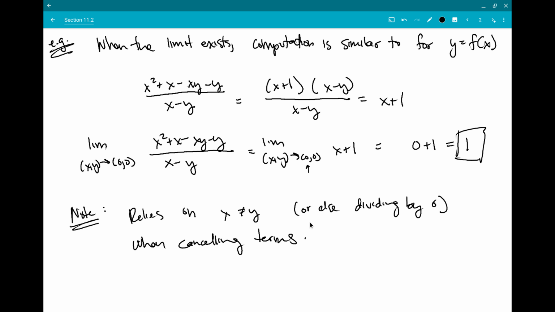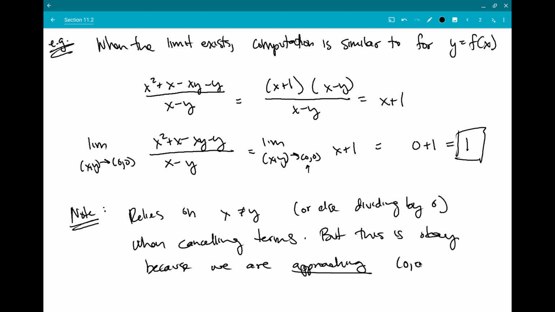And that can feel kind of like cheating because I'm trying to go to the point 0, 0 where x and y are clearly the same thing. But that's okay because we're only approaching the point 0, 0 where x and y would both be the same value, 0. This is something that's always true about limits. And I think that students are always a little bit uncomfortable with it. So I just wanted to make sure to be upfront that it is still happening and it's still okay.